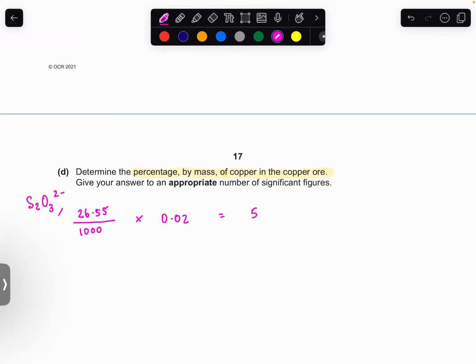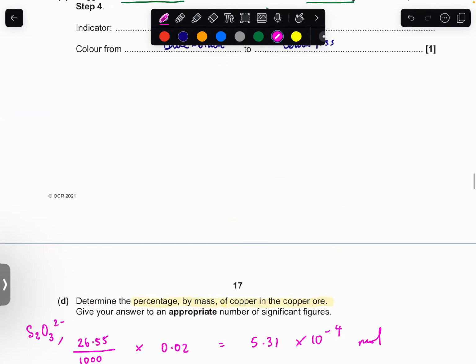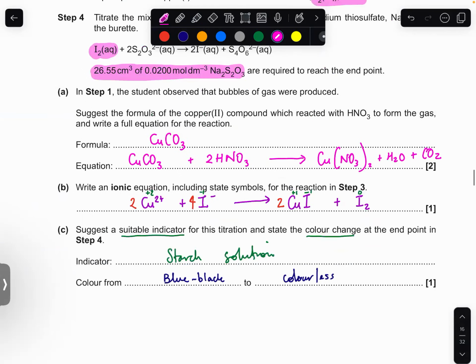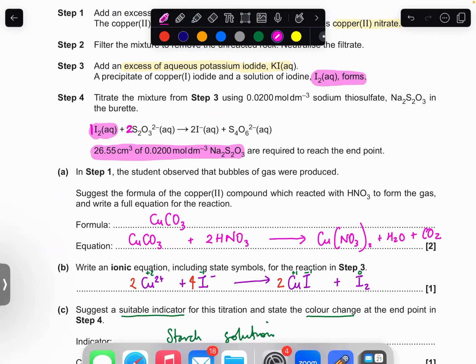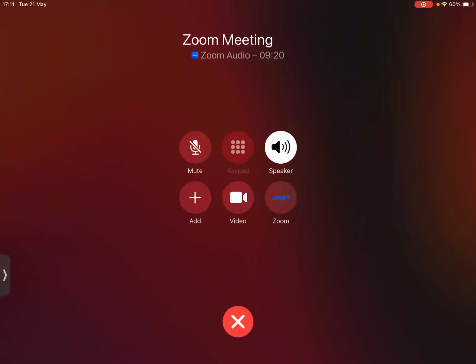This gives you 5.31 times 10 to the -4 moles. If you look at the ratio between the thiosulfate ion and iodine, it's a 2-to-1 ratio.